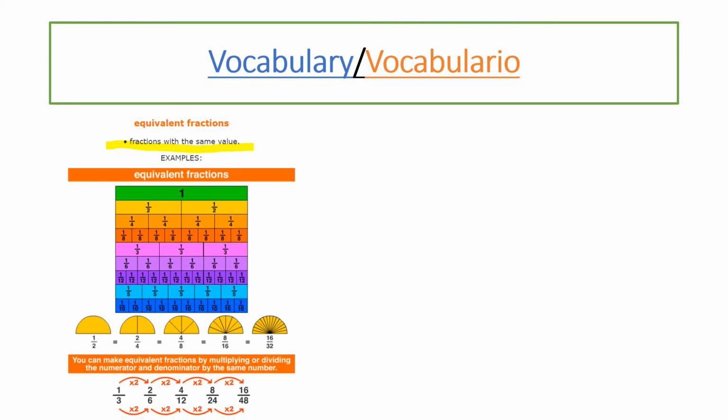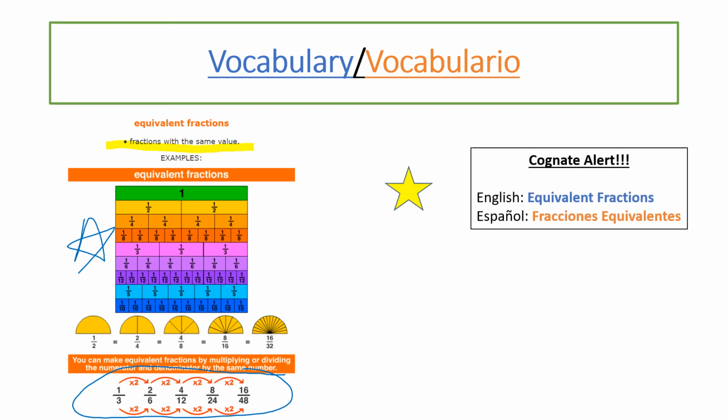You can use a picture, a model, or you can use multiplication like we did as well. And remember, cognitive alert, we say equivalent fractions in English as equivalent fractions. And in Spanish, we say fracciones equivalentes. Remember, equivalent fractions have a different number of parts, but they are the same size.